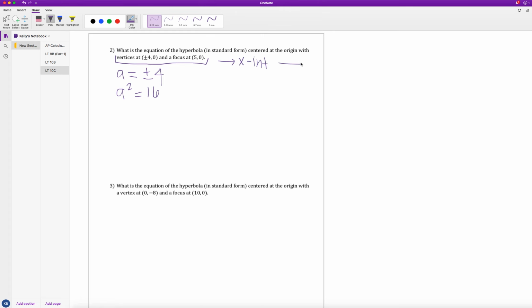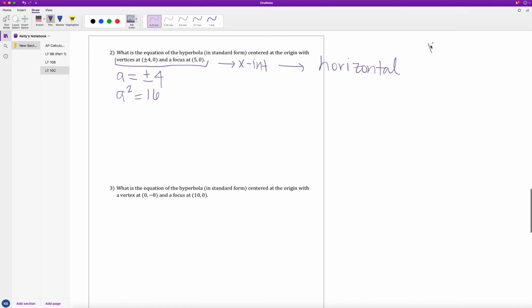What that tells me then is I am looking at a horizontal hyperbola in this case. So I'm looking at the general equation where the x squared term is going to be positive. So x squared over a squared minus y squared over b squared is equal to 1.